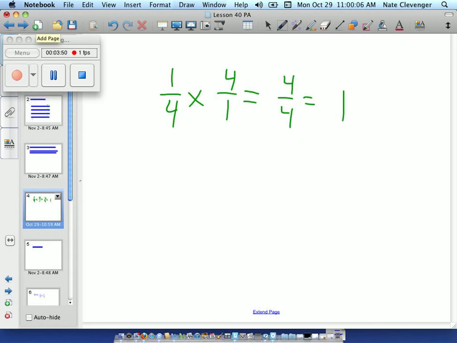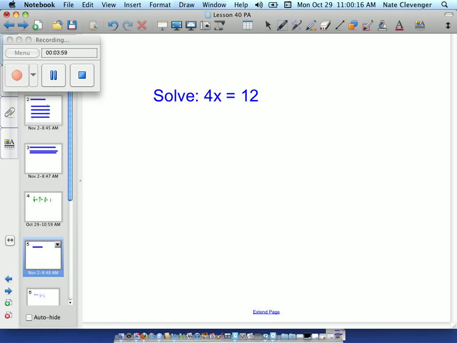And that is extremely important to be able to help us to solve algebraically, that is. So 4x equals 12. I'm going to go over this 2 different ways, so don't get confused by the fact that there's 2 ways. Just figure out which way you like best and use it.